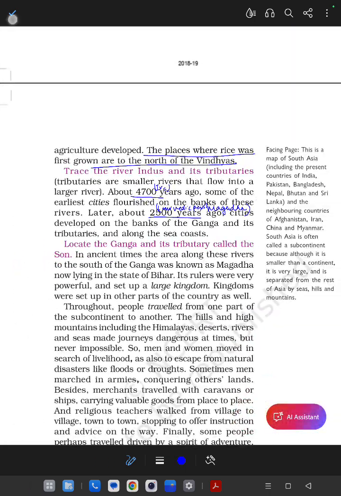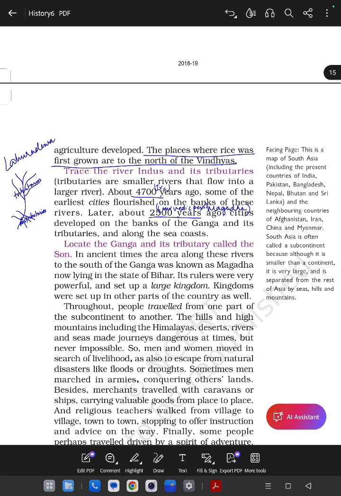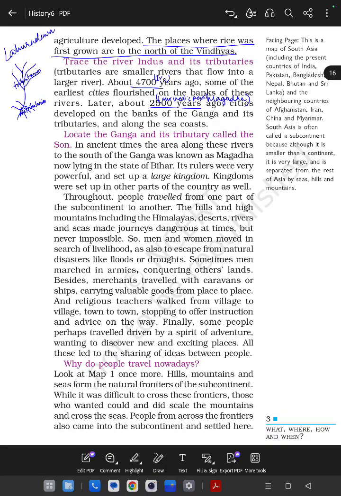It has been concentrated in the Ganges region. And as I have told you, this entire Indus river system and Ganga river system, I will go through very precisely in the upcoming lectures.